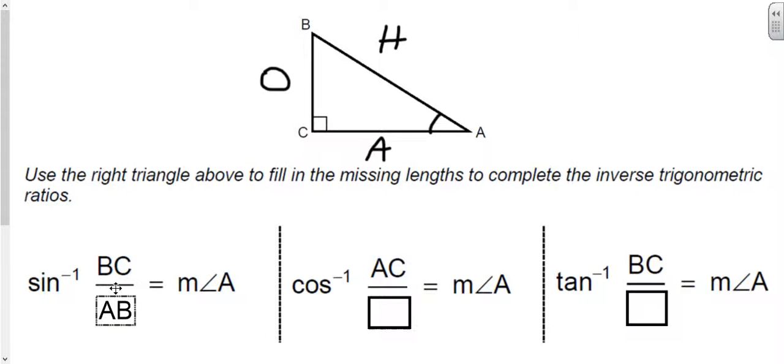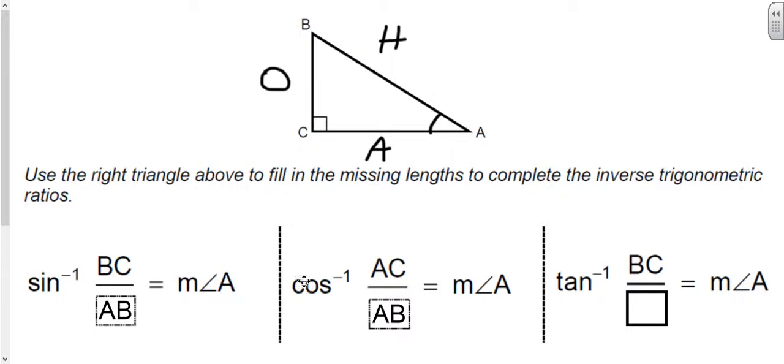If I input that into the inverse sine, I'm going to get the measure of that angle if I knew these side lengths. You'll see how. Conversely, maybe we don't know the opposite side. Maybe we know the adjacent and the hypotenuse. We could still solve for this angle A by using the inverse cosine, because it takes the adjacent side over the hypotenuse. So adjacent was AC or CA over the hypotenuse.